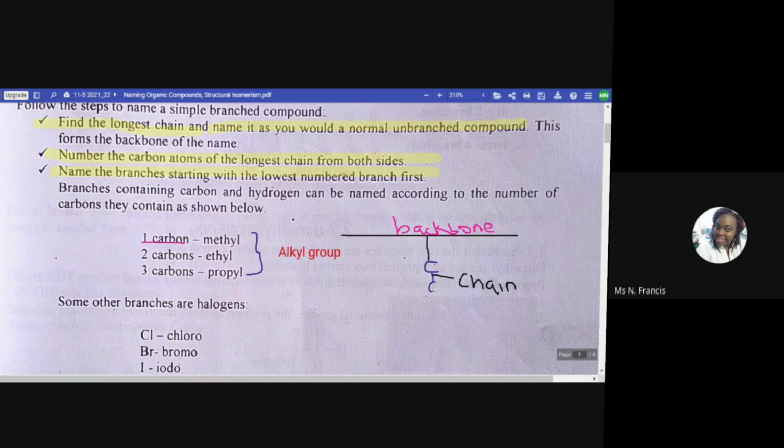If that pendant has two carbons on it, then I call it ethyl. If the pendant has three carbons on it, then I call it propyl. Now, these will only form, especially with the propyl, if you have a very long backbone. The shorter ones that we will explore, I think you'll get up to ethyl, not so much propyl.